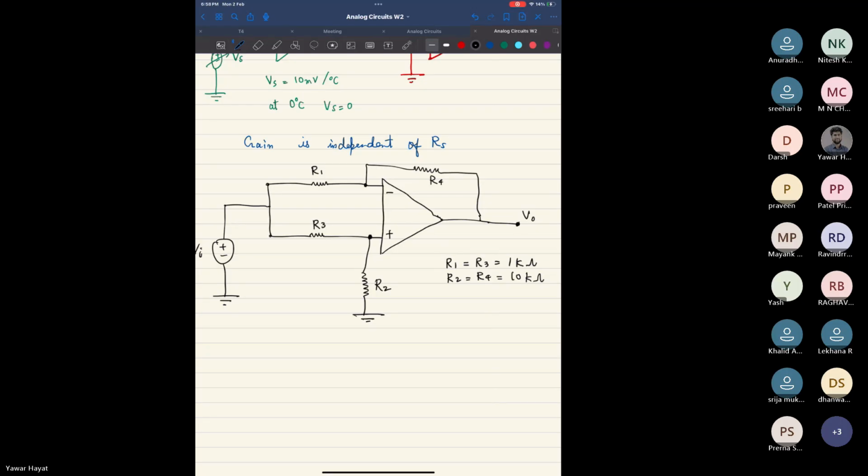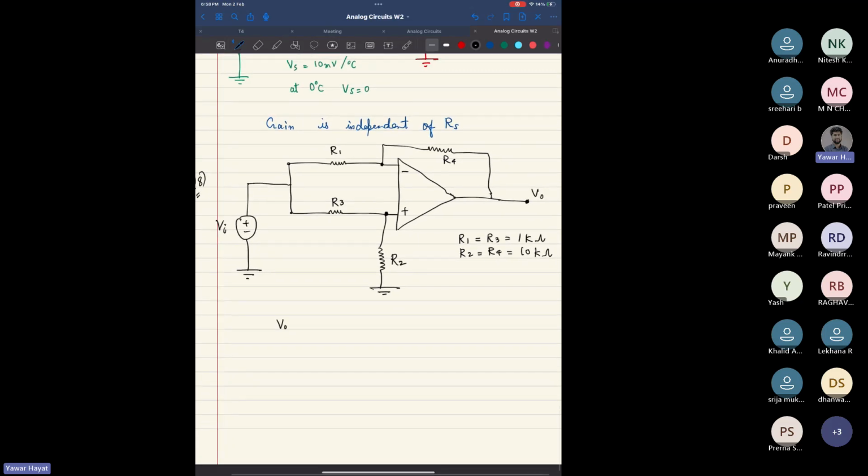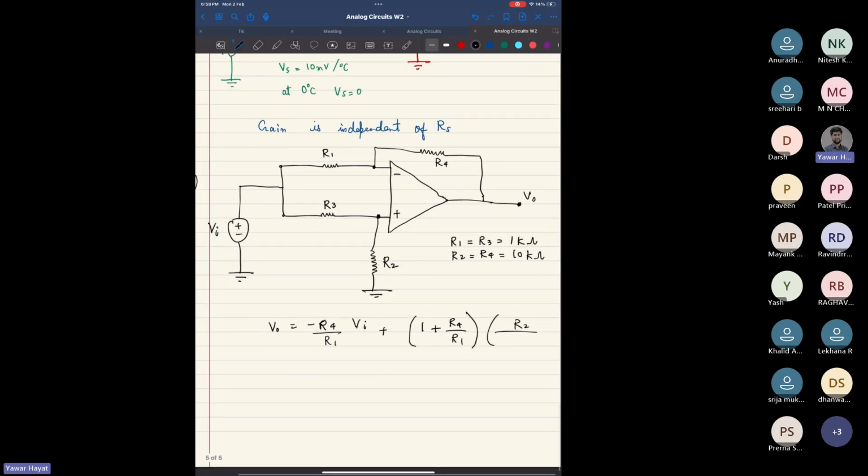I mean, you can compute this for yourself using analysis. Your V output would be minus R4 by R1 times Vi plus your 1 plus R4 by R1 times R2 upon R3 plus R2.